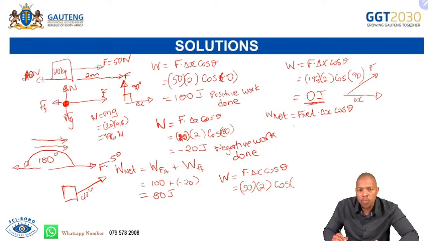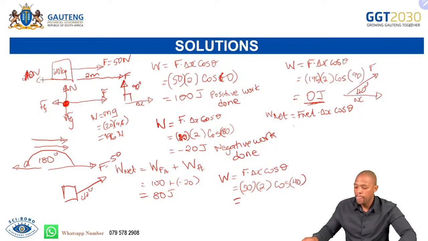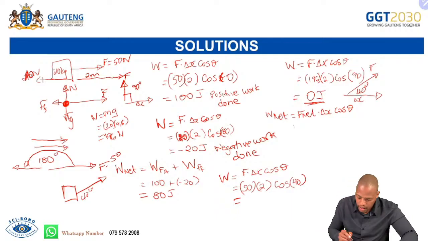And what is that angle? We are told that it is 40 degrees. Therefore, we are going to substitute 40 degrees here. Then we put it into our calculator: 50 times 2 times the cos of 40. Then you should get that the work done now is 76.60 joules.